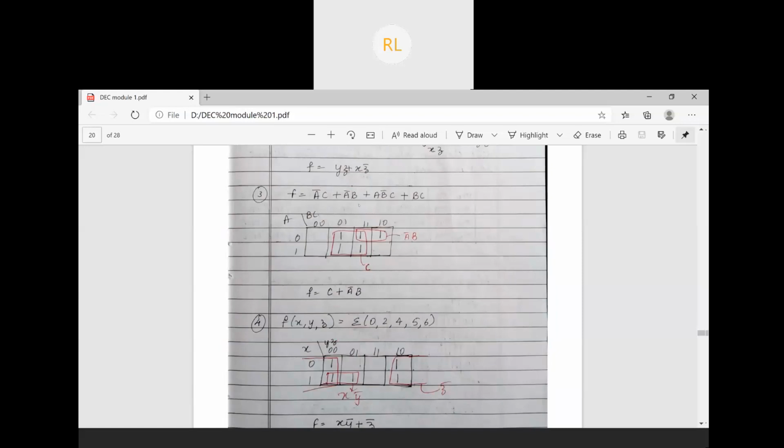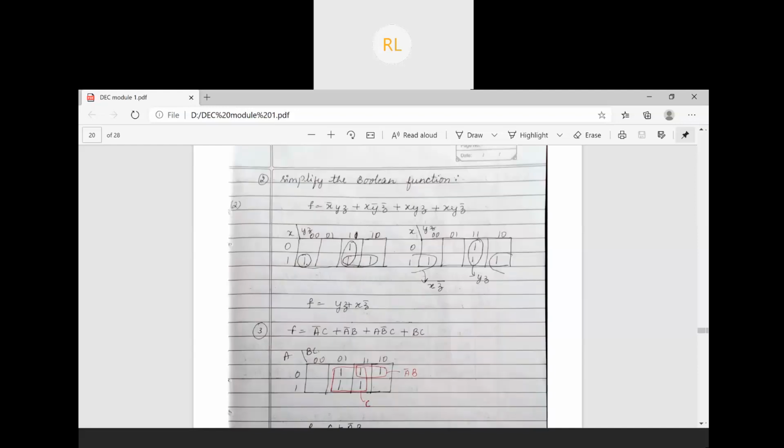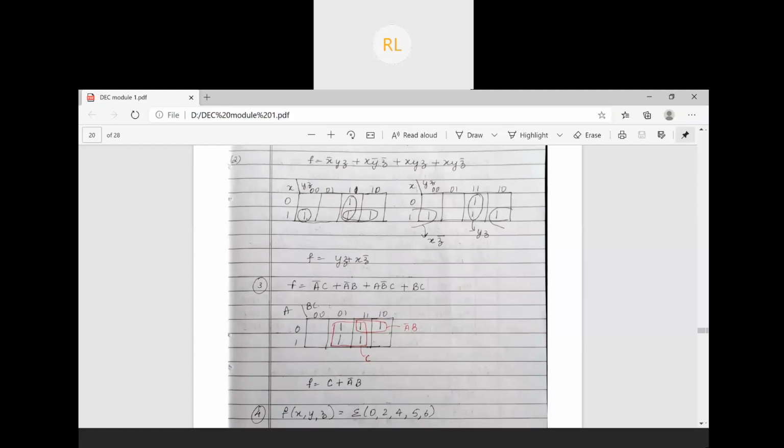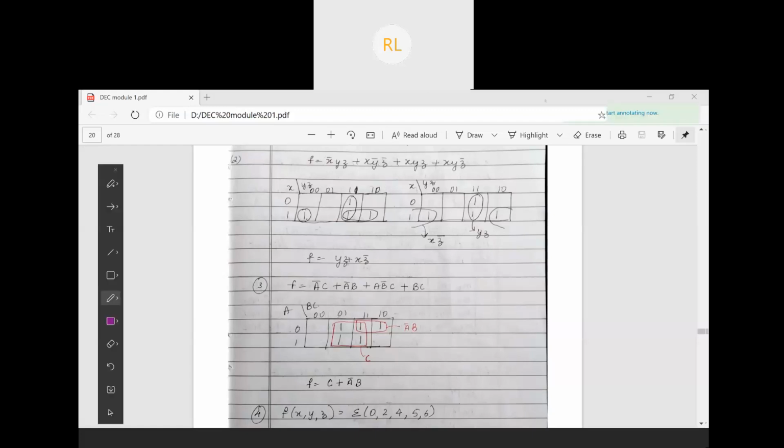So we will bring this non-standard format into a standard format using the previous example that I showed you. Once it is in standard format, just like how I have X, Y, and Z there, similarly I will bring this into ABC format, fill the terms, make those values here, and group them. Once I group them, I get the final equation. Now let us see how we have got C plus A bar B. Many of you might have this doubt as to how exactly we are getting this.